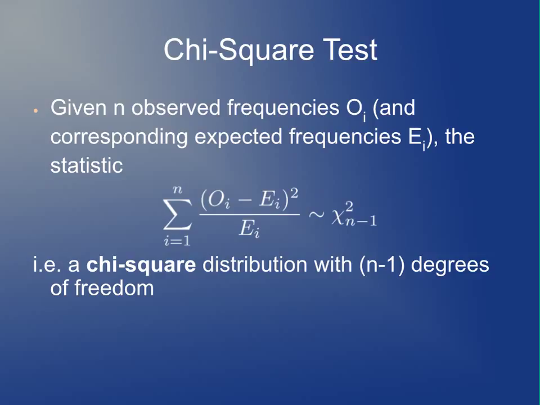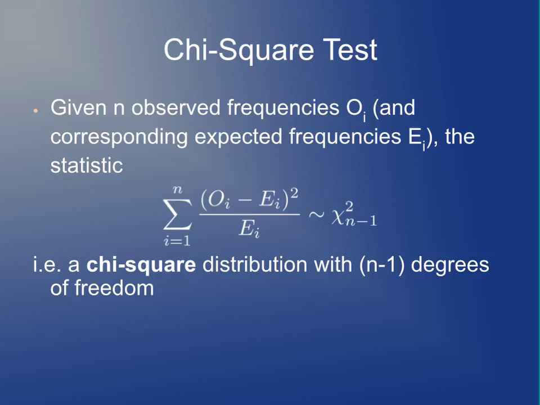You can test this hypothesis using a chi-square test. Given the observed frequencies O_i, you calculate expected frequencies E_i the way we did on the previous slide. If for each possible category you take observed minus expected and square it and divide it by expected, the sum will have a chi-square distribution with n minus 1 degrees of freedom. Note in passing, a chi-square distribution with 1 degree of freedom is just the square of a normal distribution.